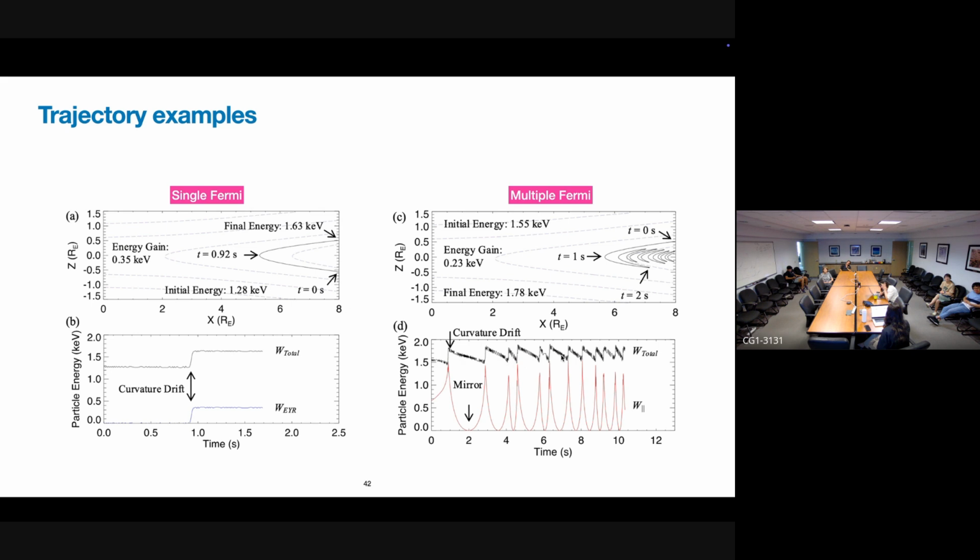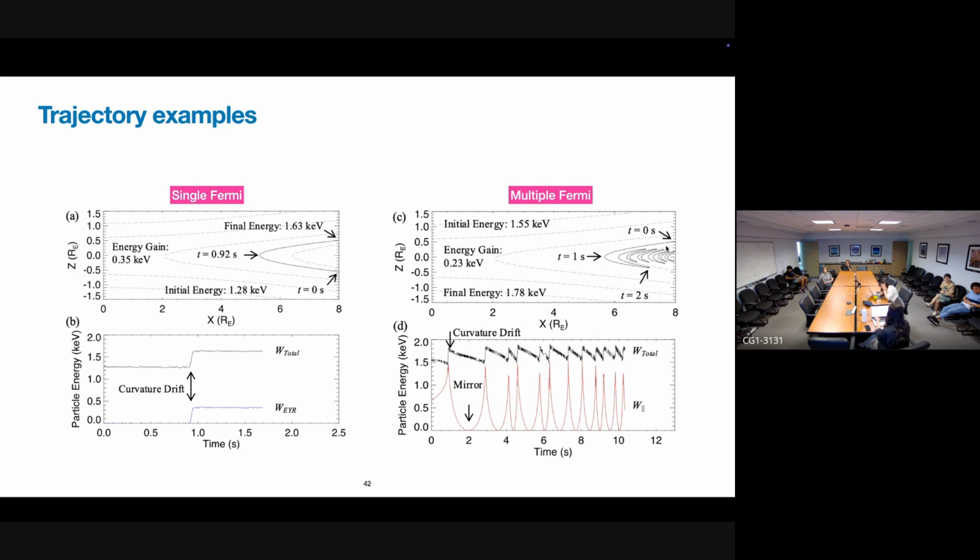So an important criterion for particles to gain energy through multi-Fermi is having contracting magnetic islands. That way you will have a shortening field line, and by bouncing on this shortening field line, particles can gain energy through Fermi.